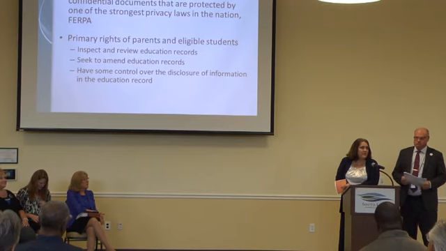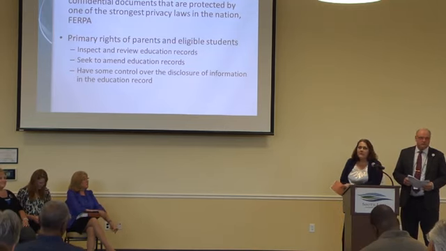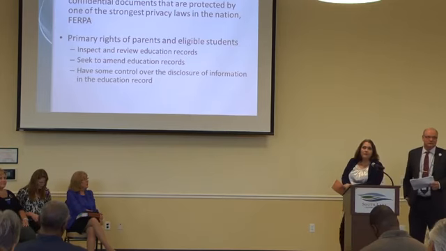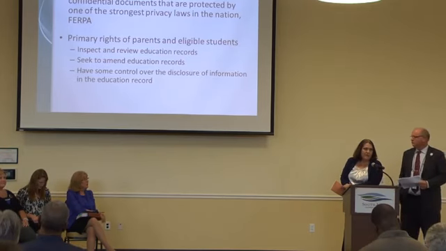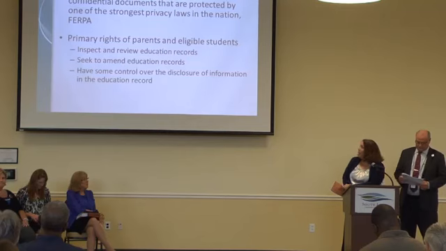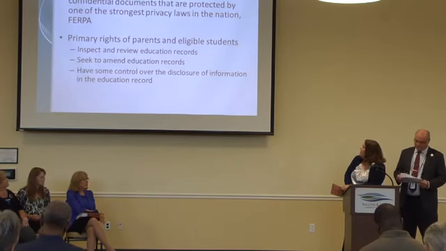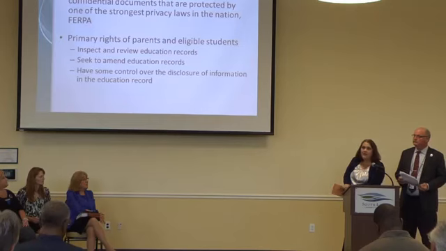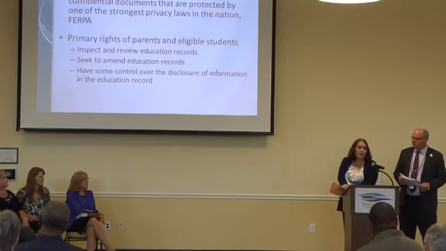It was written specifically for educational institutions, and specifically with regard to rights of parents and the protection of students' educational records. They're official, confidential documents that are protected by one of the strongest privacy acts ever passed in this nation. And again, this is a federal law.